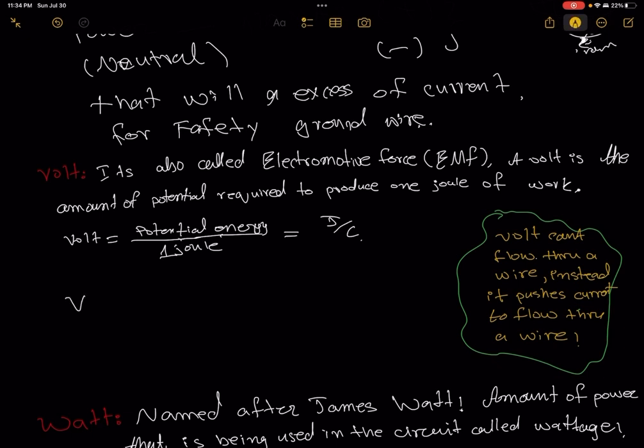So joule over coulomb is defined as a volt too. Or we can say volt is equal to I times R. I is the intensity of the current, or the amperage, and R is resistance.